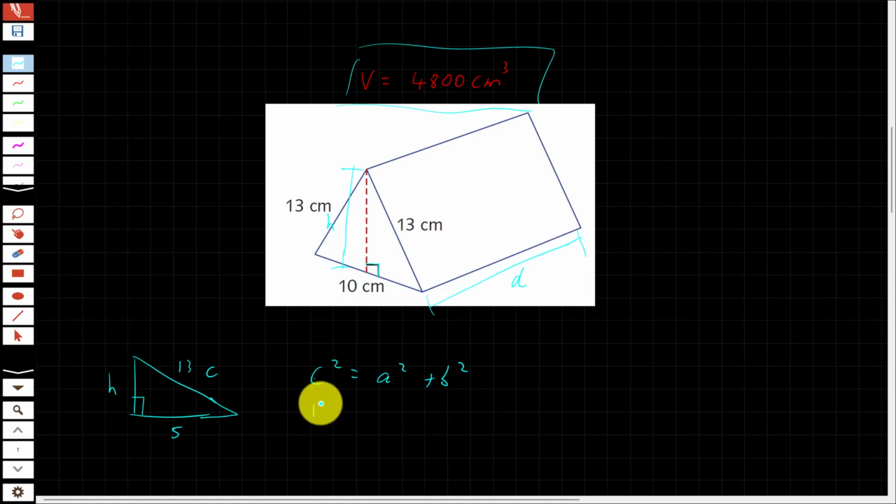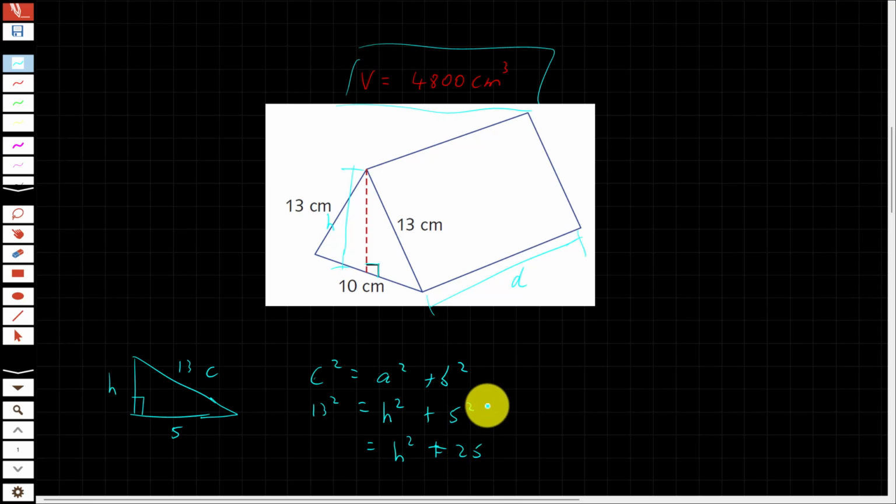We have 13 squared equals h squared, so we'll make a be h in this case, plus 5 squared, which is 25.